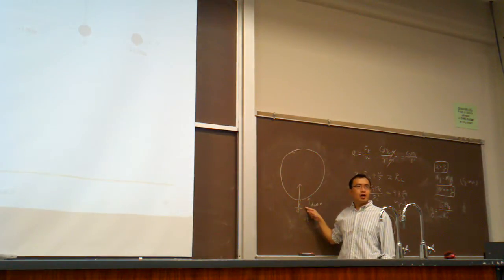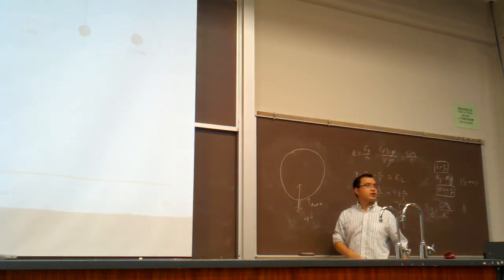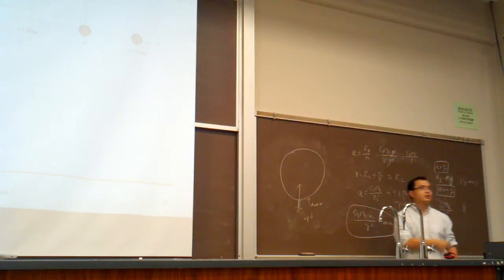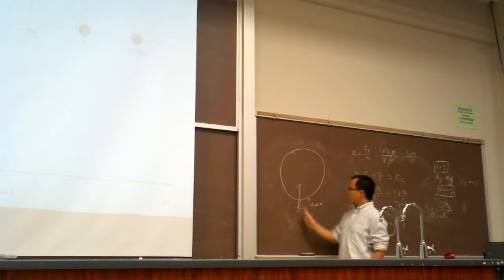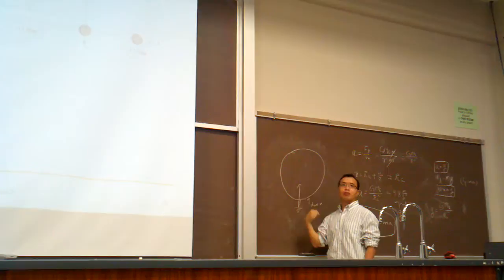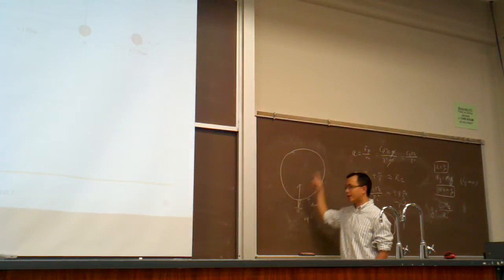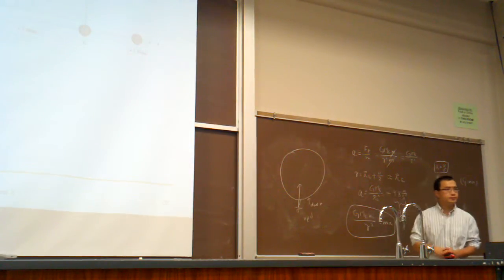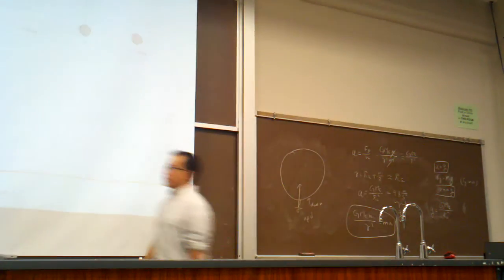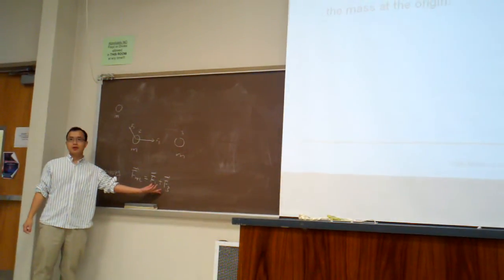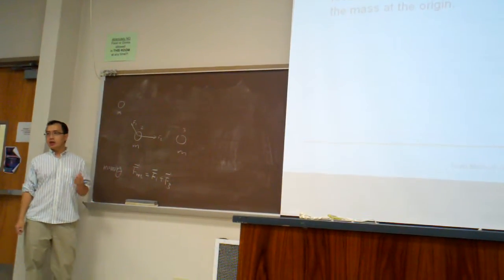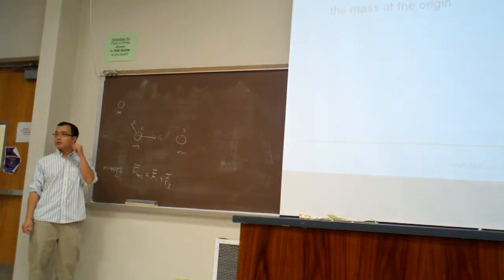In fact, you cannot say this is the top and this is the bottom. There's no difference between top and bottom. You can only say whether it's inward or outward, anywhere on the Earth. So now we want to find the net force by adding the two forces. It involves two important steps.